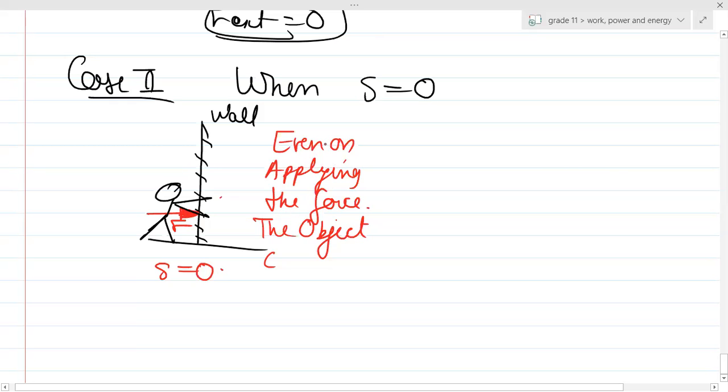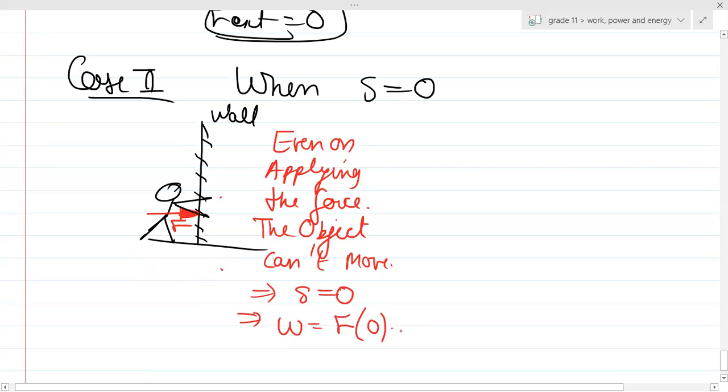So even on applying the force, the object can't move. That is why the displacement is 0, and that's why the work done by the force is 0.